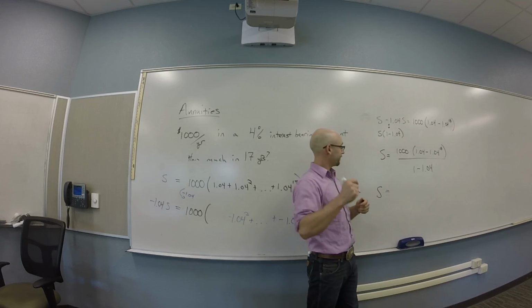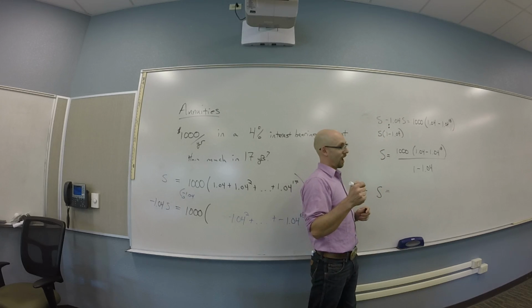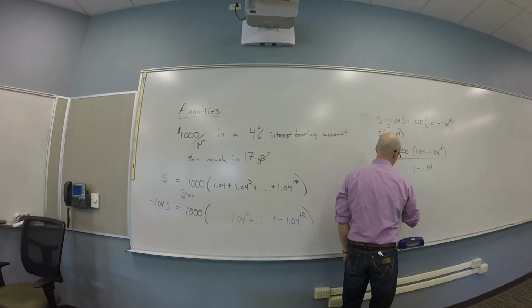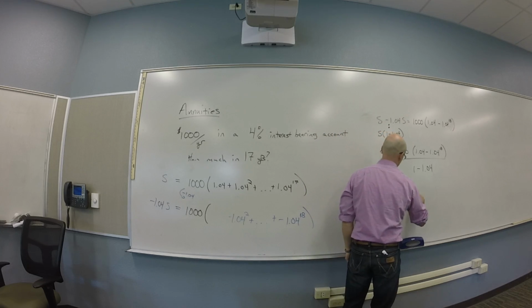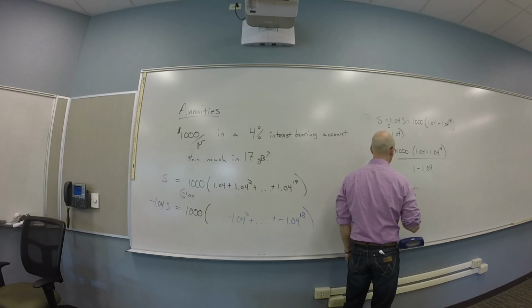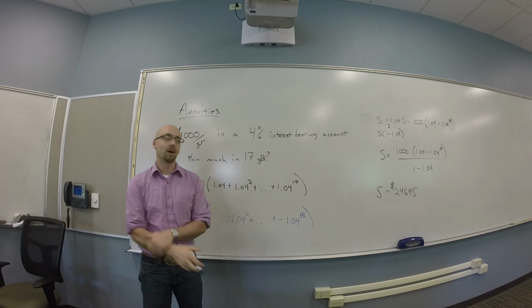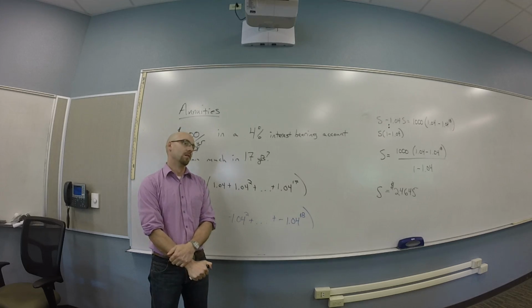What'd you get? 24,645. That seems kind of reasonable-ish, right? So ballpark, how much should I expect that money to be? Like, what's the rock bottom that money should be? $17,000.